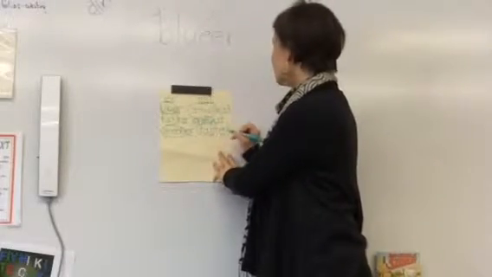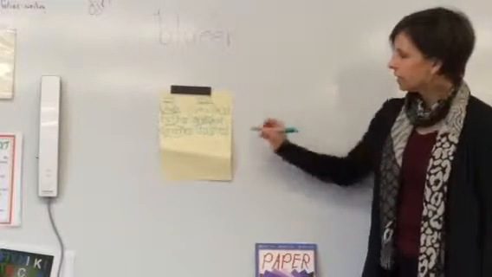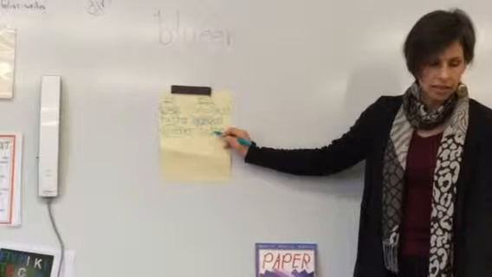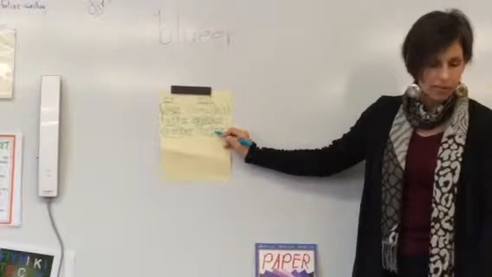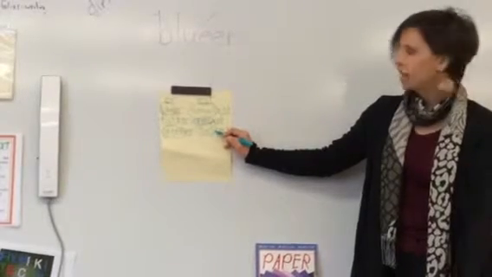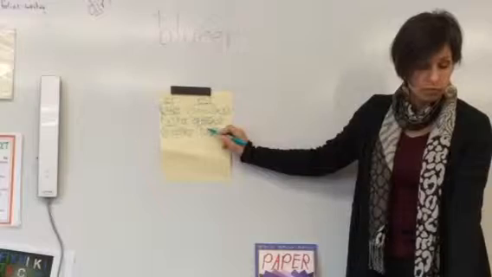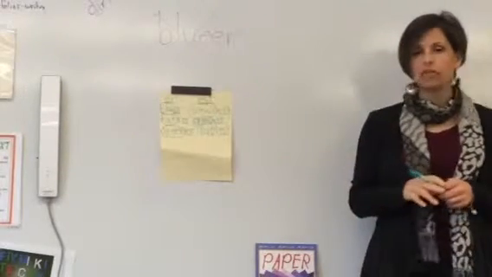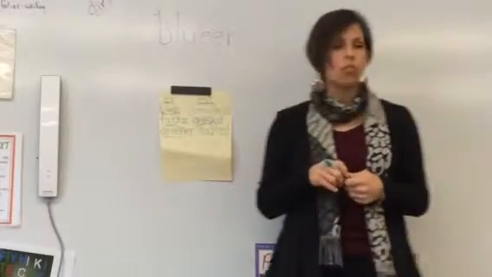My ending is EST, and I double it because I look at my base word and I say it ends in a consonant, and then I go next door and it's a vowel that is short. So I double it. Be careful not to just shout out answers because we want to know what someone's thinking, right? Okay, we have time for one more word.